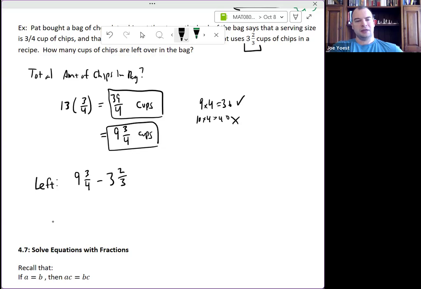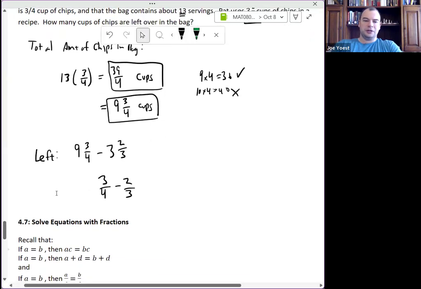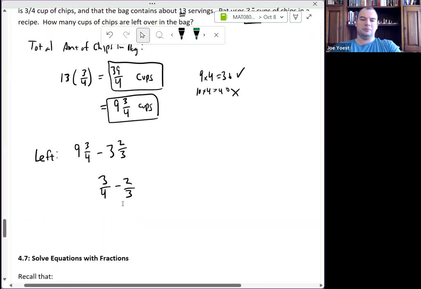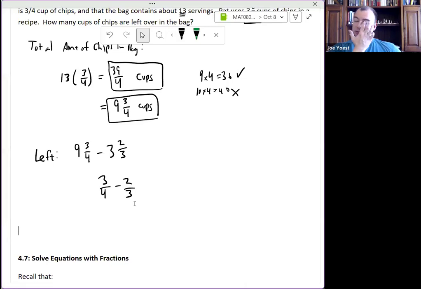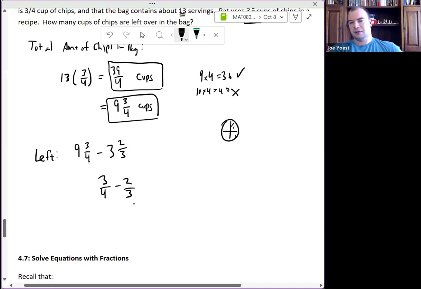If I do 3/4 minus 2/3, is 3/4 bigger than 2/3? Well, these are both bigger than a half. We might not really know. We might be able to think about it, right? I mean, here's 3/4 and here's 2/3.